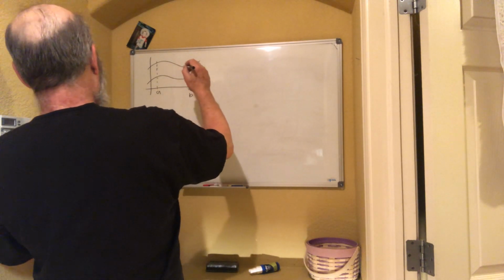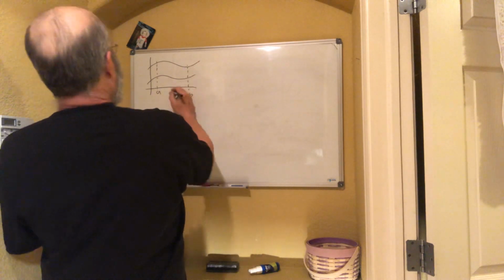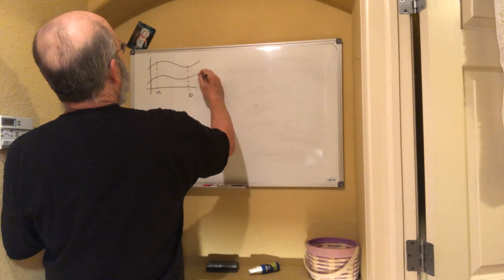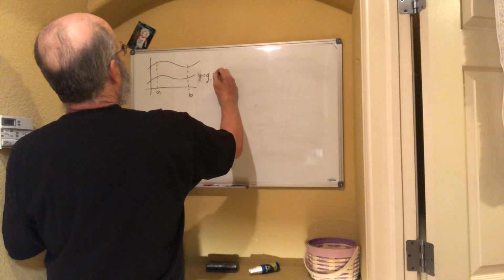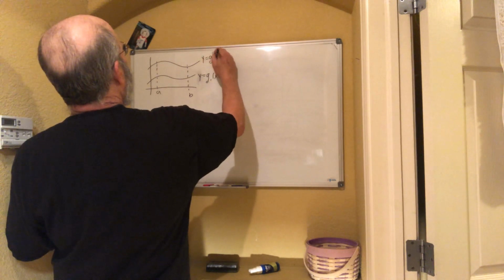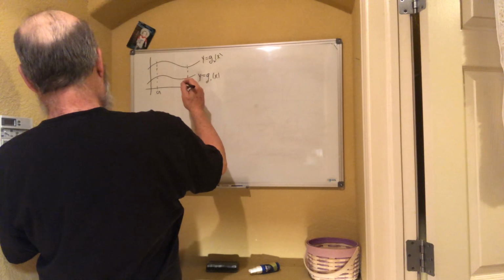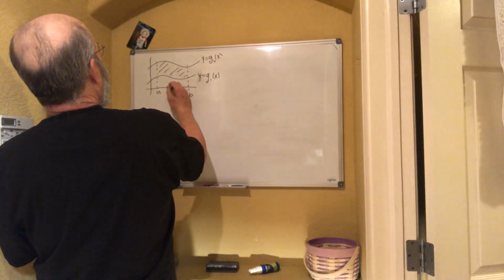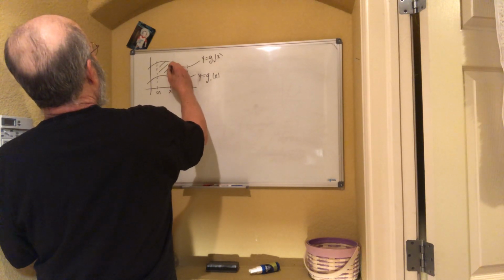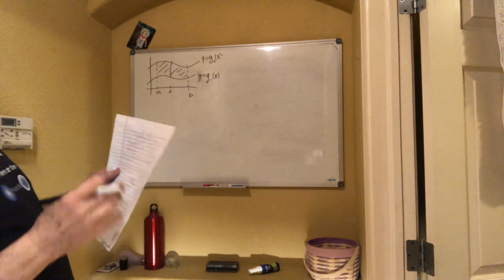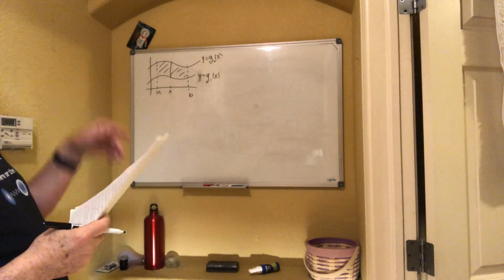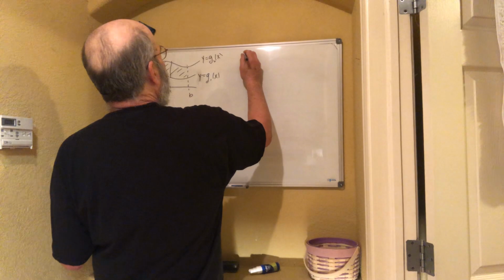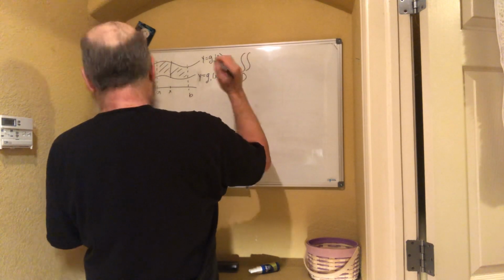There's my a, b. y is g1, and y is g2. All right, so my region is this strip in here again. And again, for each value of x in that interval, I integrate from g1 to g2.